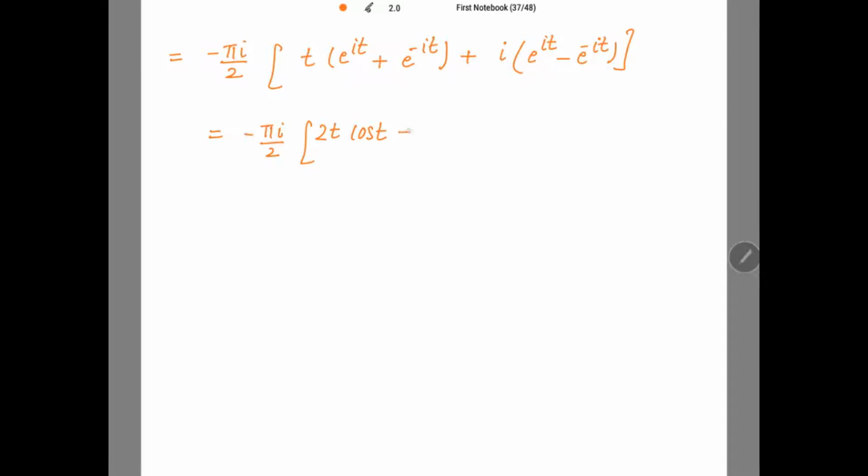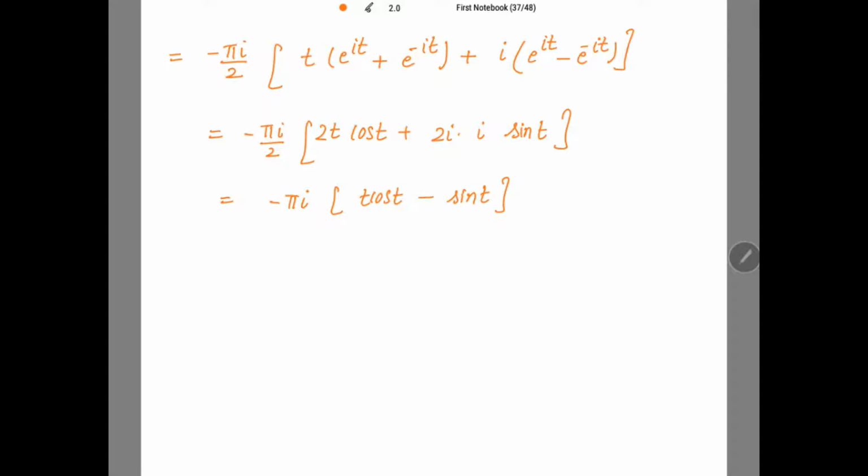So this is 2 iota into iota sin of t. Alright, so further, taking 2 common, minus pi iota into t cos of t minus sin t, because iota square is minus 1.